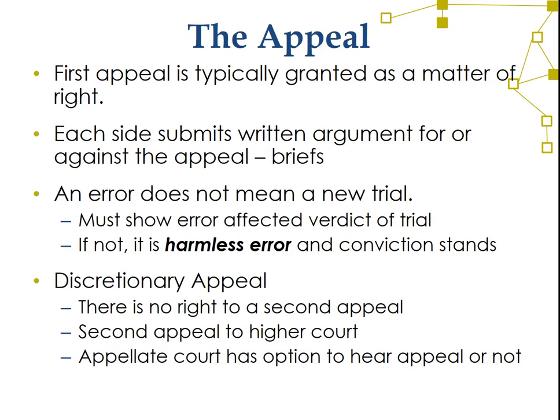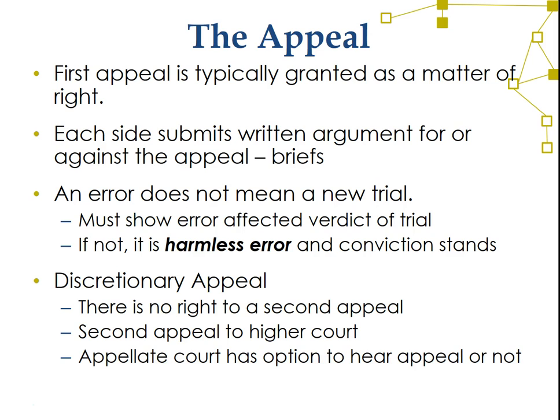So you can kind of get some definitions in there. Now, if you want some examples of issues that can be raised on appeal, you can look on page 38 in your textbook, and there are some examples of issues that can be raised and issues that cannot be raised. And I'll let you take the time to kind of look at those.